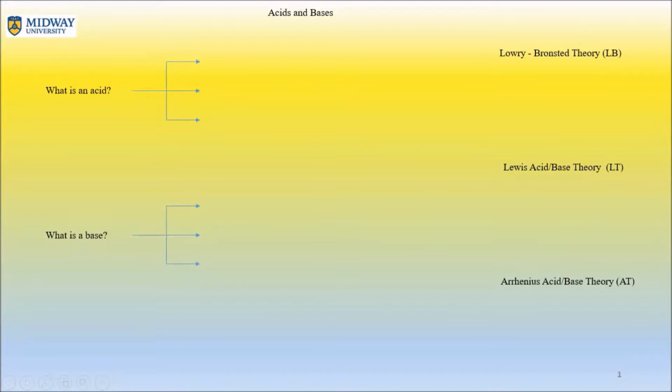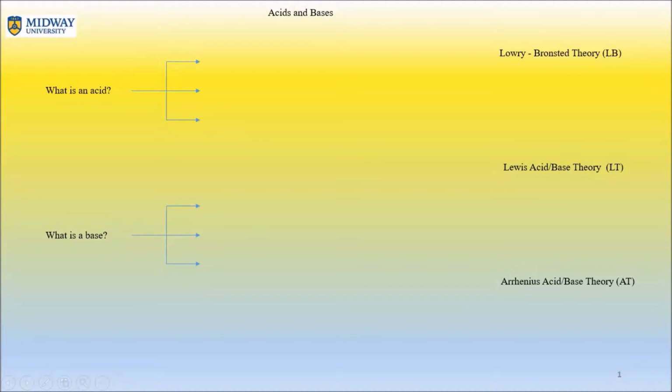Lowry-Bronsted is probably what we're going to be swirling around back and forth several times throughout this course, because the concept of chemical equilibrium is captured well by Lowry-Bronsted. So that's one of the major theories we are going to focus on in this coursework.